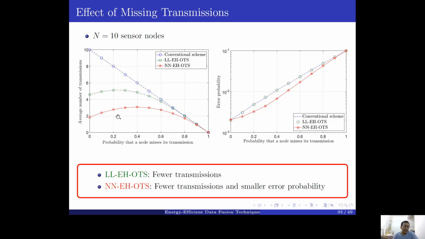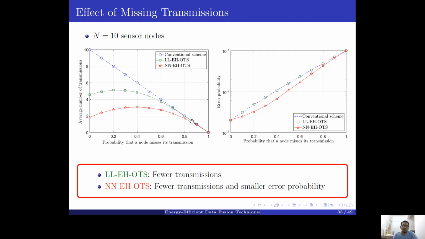Furthermore, you can see that as you increase the probability that a node will miss a transmission, the average number of transmissions for LLEH OTS and NNEH OTS initially increases. This happens because as the nodes miss their transmissions more often, the fusion node will require measurements from nodes with less informative measurements. As a result of this, it will require more transmissions to make a decision.